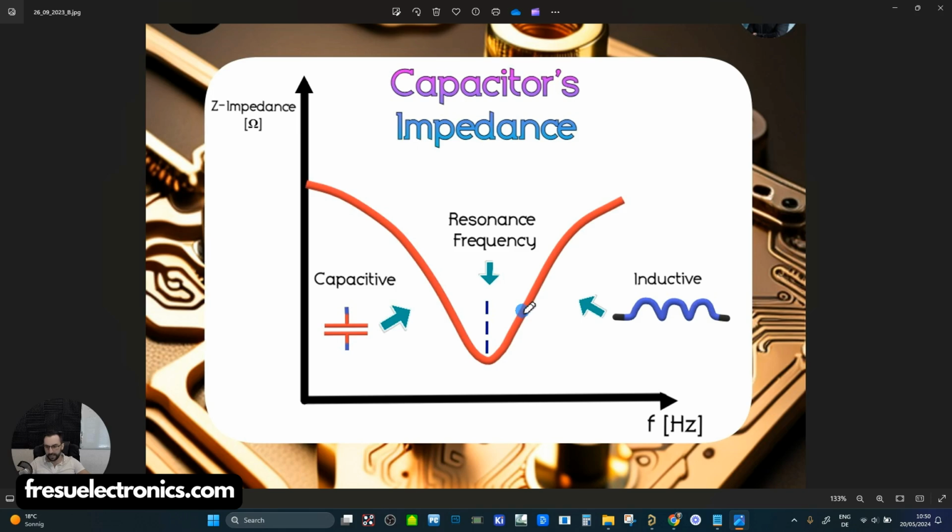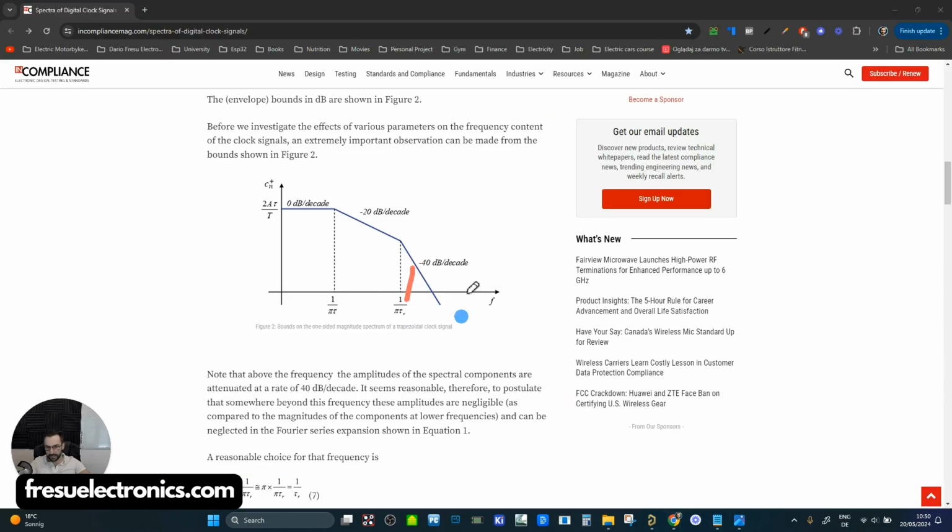So really at high frequencies, we don't have to care much about how much the noise is going to be amplified, because the harmonics which stand over this point in here will start to slowly decrease at a rate of 40 dB per decade. And this means that the power that they contain is not going to be so much of a problem for us anymore, because you can see the amplitudes of these frequencies will become negligible.